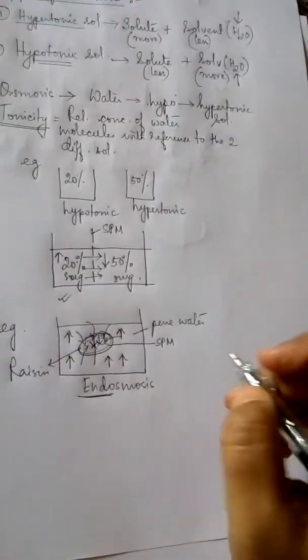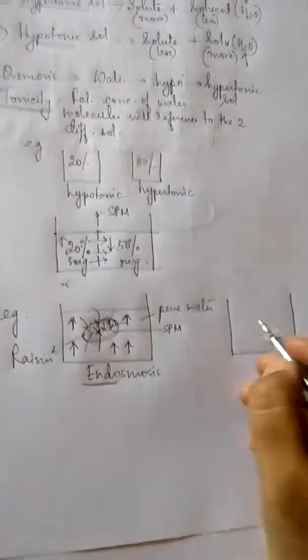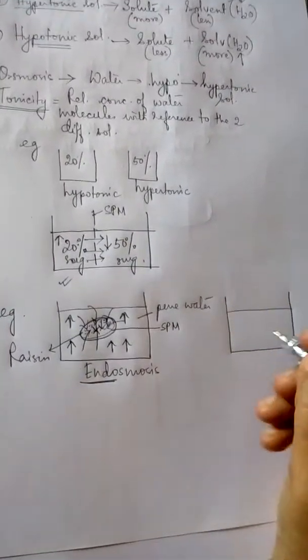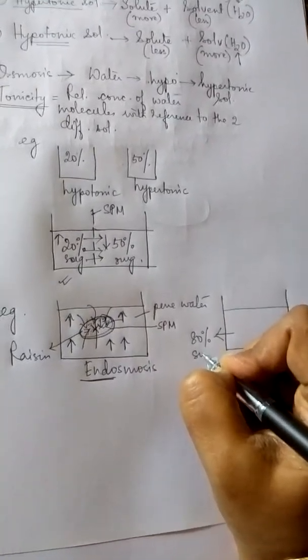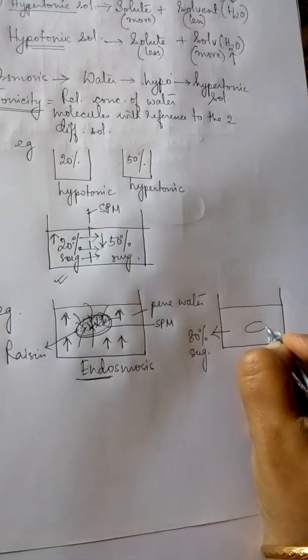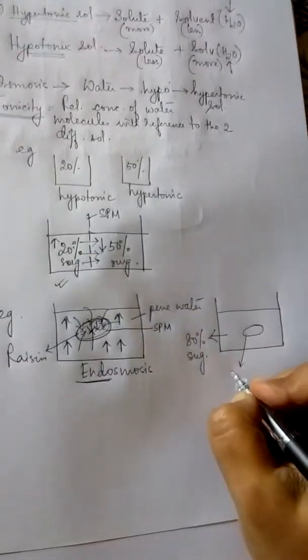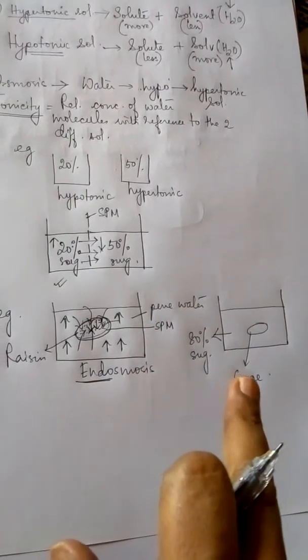So what is exosmosis? Let's see. Say I take a very concentrated sugar solution, say 80% sugar solution, and inside I put a grape, not a raisin this time, a grape. Now what is the difference between a grape and a raisin?